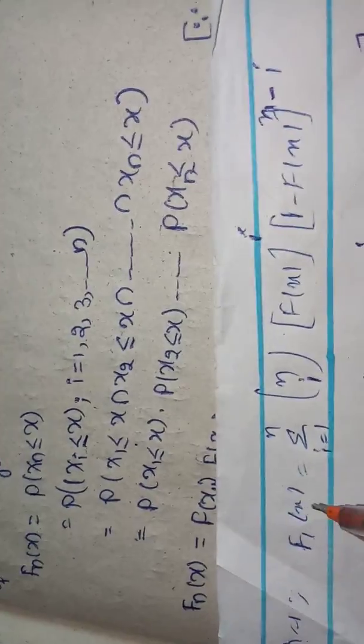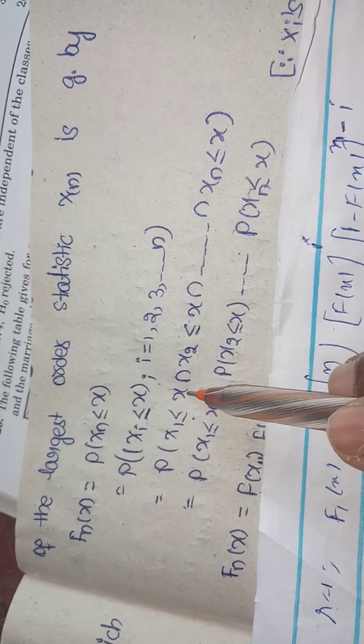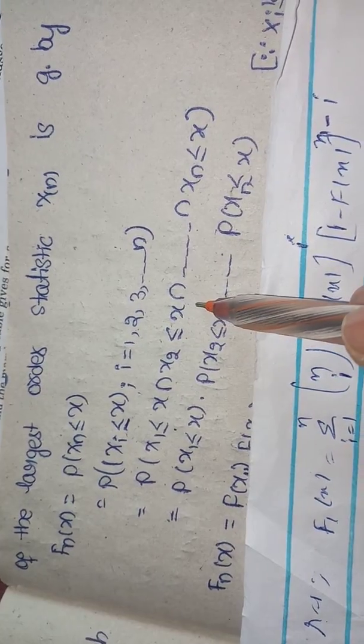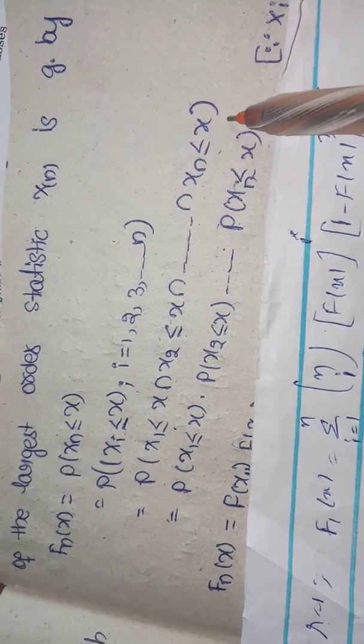So we are writing X1 less than or equal to x, intersection, X2 less than or equal to x, intersection, and so on for n random variables.